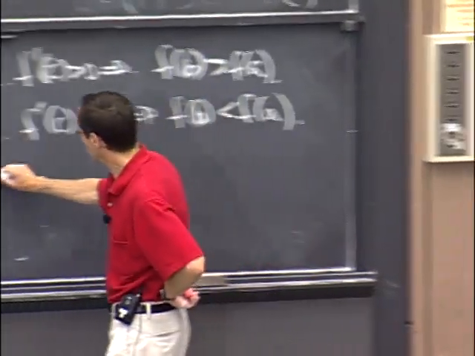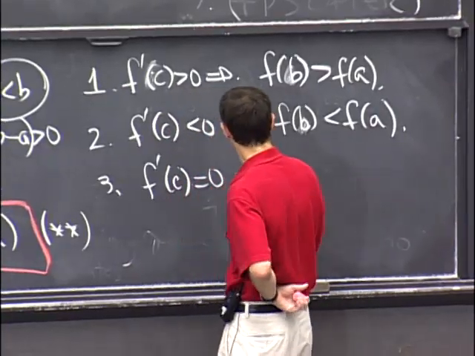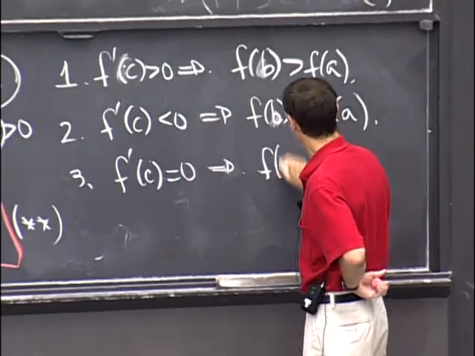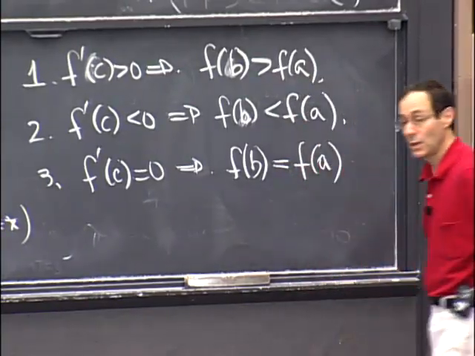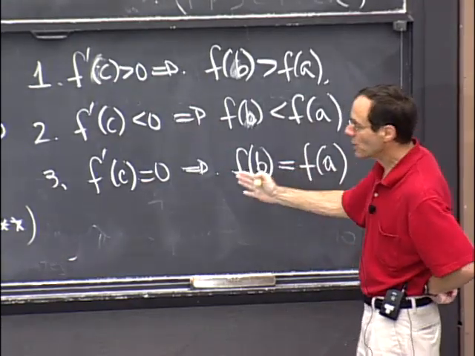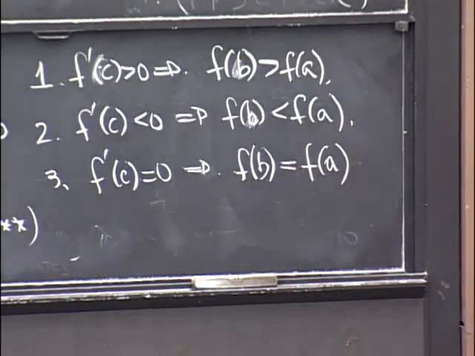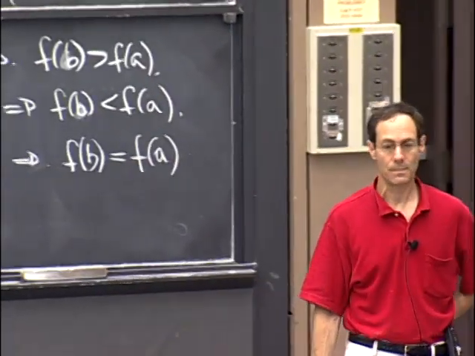And finally, if f prime of c is 0, then f of b is equal to f of a. Which, if you apply it to all possible intervals, which you can, then that means that f is constant. It never gets to change values.